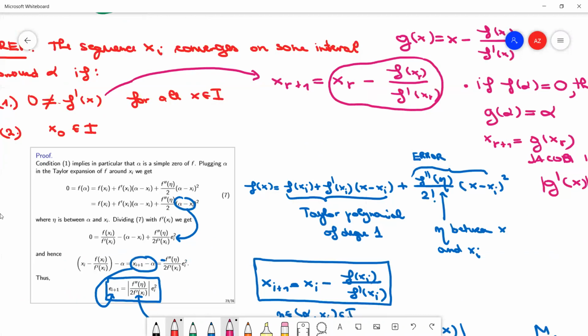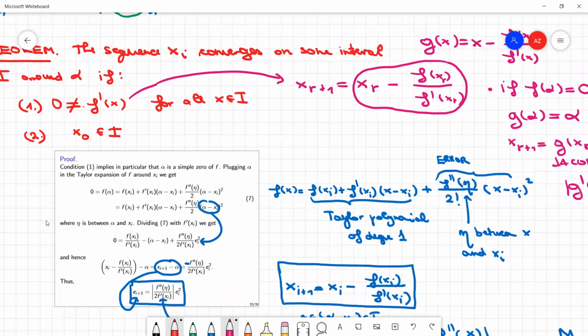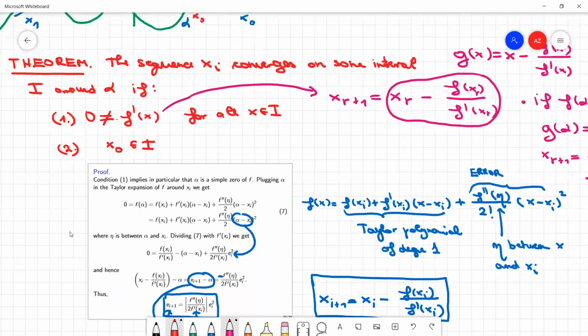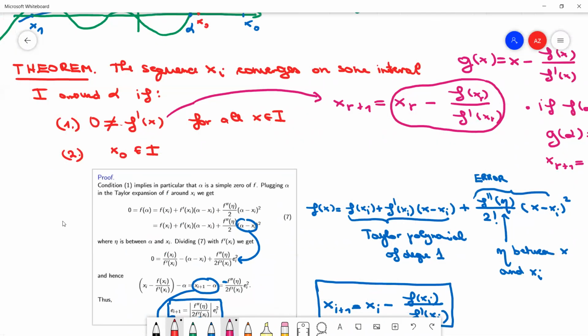Okay, this was the tangent method, and we have this stopping criterion. Usually we will work with functions which have simple zeros, so this condition that f derivative is different from 0 makes sense.